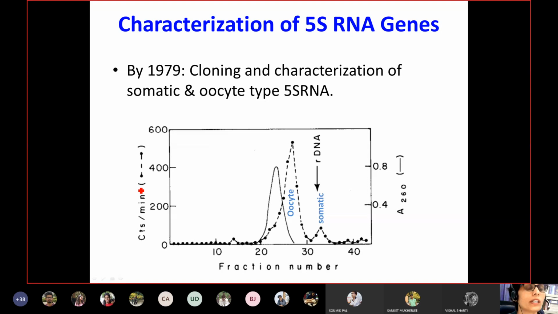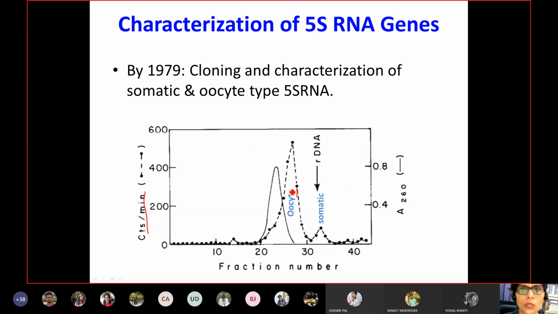So that means you are doing a northern blotting kind of assay, and once the DNA was hybridized on nitrocellulose paper with your labeled 5S RNA, you map where exactly your 5S RNA is coming on the nitrocellulose paper, and based on that you see a count. These are the counts per minute, and based on that you prepare a graph, and this is how you can see these are the somatic RNA and these are the oocyte RNA.